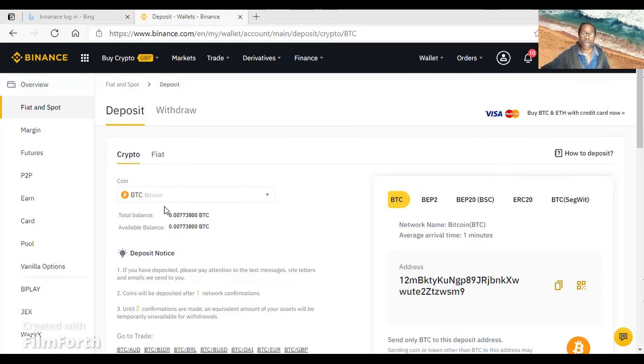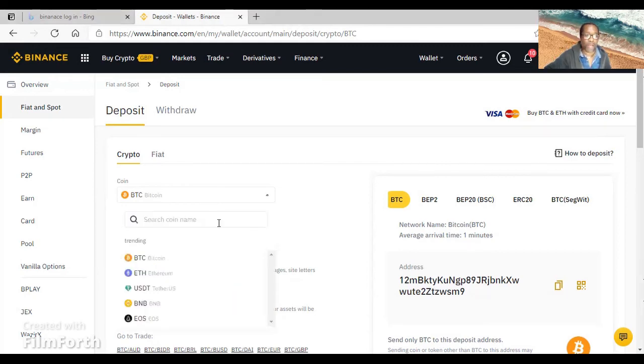If you come here, BTC, that is not what we're depositing. But this is the address for BTC. This is where you will get the address of any crypto that you want to deposit. In this case, USDT.